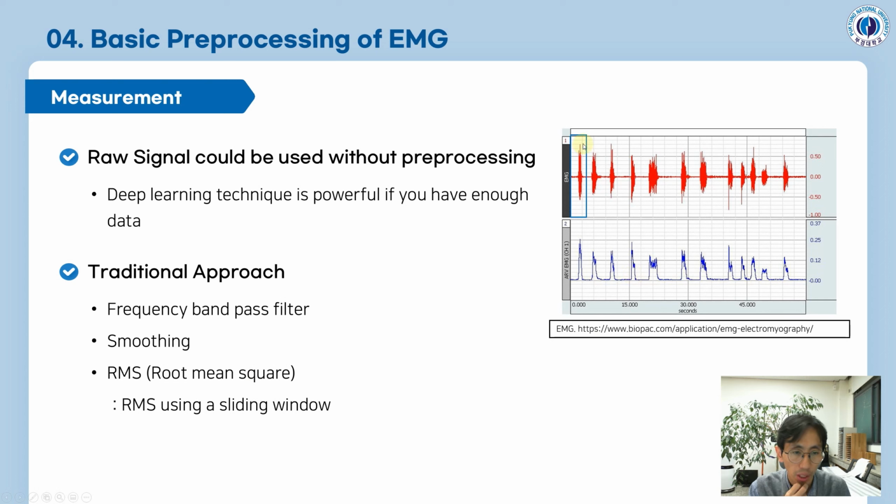You can see there is a blue box here, and in this blue box we calculate the mean square: square, calculate the average, and apply the root. Then you get the amount of power with this simple equation.